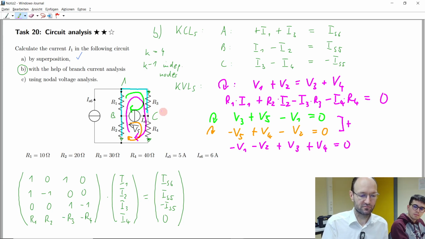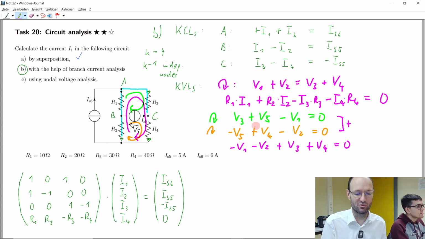And so if you would draw the complete tree as we had before, and close it over this mesh and this mesh, you would get two equations. But if you just take the sum of the two equations, you could eliminate this unknown voltage that you maybe want to have, maybe not.